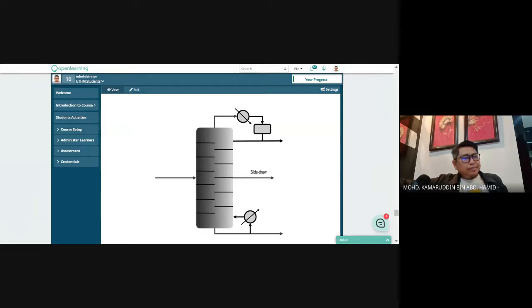Dia ada naphtha, dia ada natural gas at the top, ataupun liquefied natural gas. Selalunya kalau dalam crude oil refinery, di atas tu you recover LNG, liquefied natural gas.